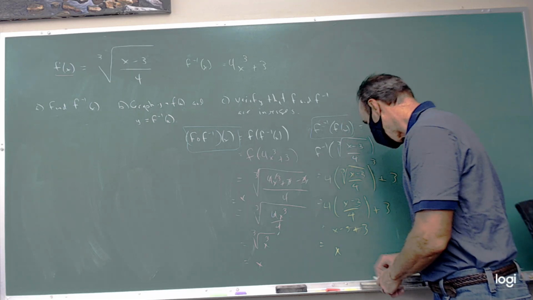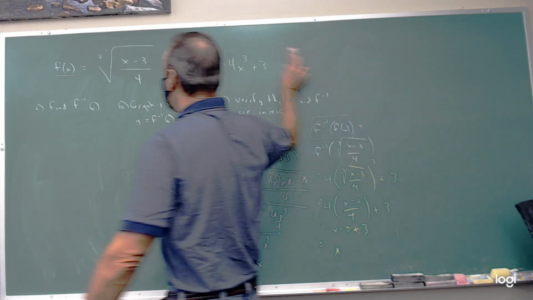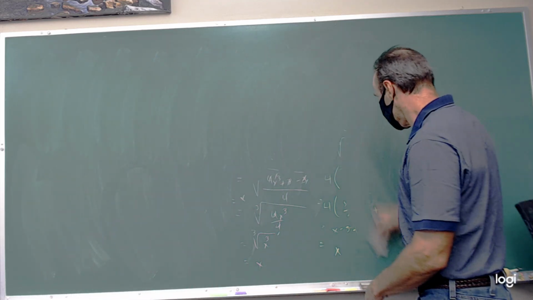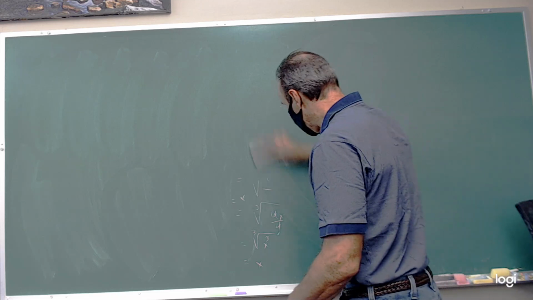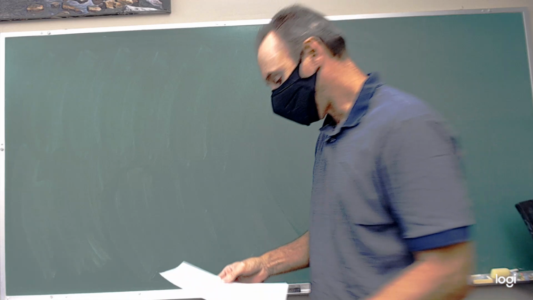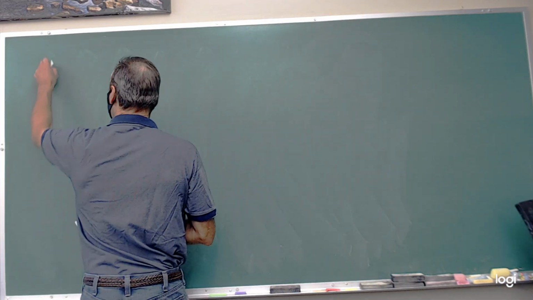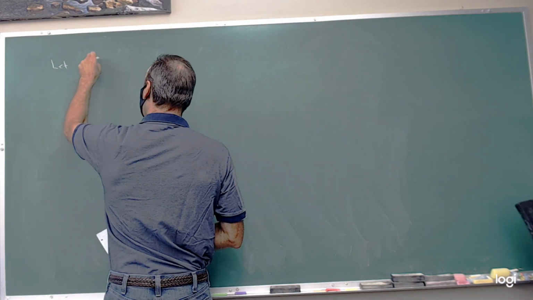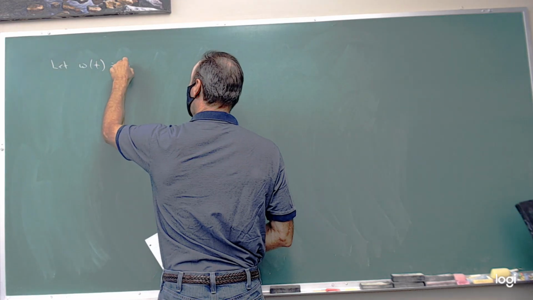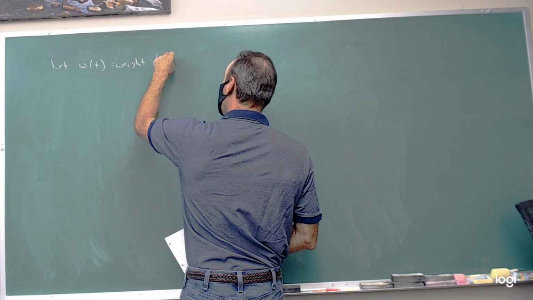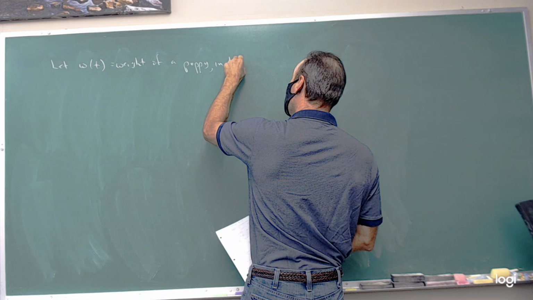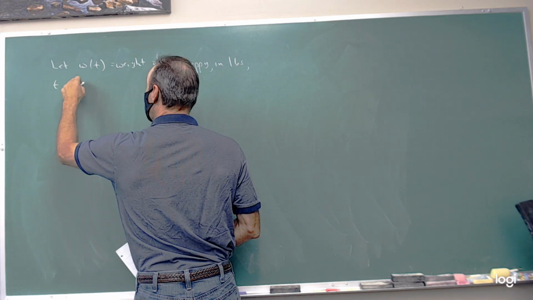Okay. A different kind of problem for you here. So we will say that we have this unknown function. We are going to call it w of t, the weight of a puppy in pounds, t days old.